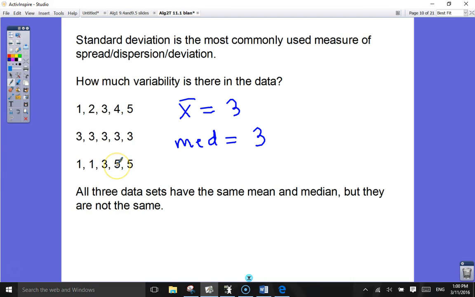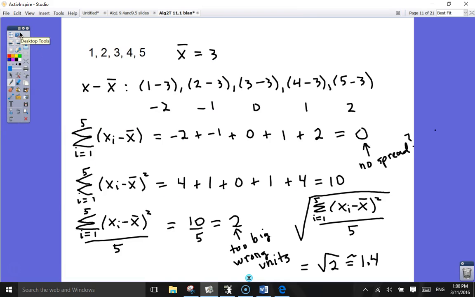Look at the last one. That's a little more spread out than the first. So it's not enough just to know the mean and the median. It wouldn't even be enough to do the range. These two would look the same if I did the range, but they're not the same. So that's why we have to come up with some measure for how this data is spread out. And that measure is called standard deviation.